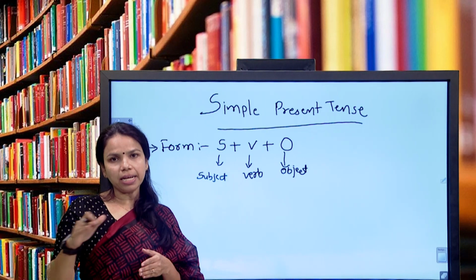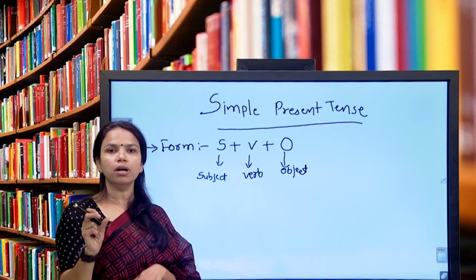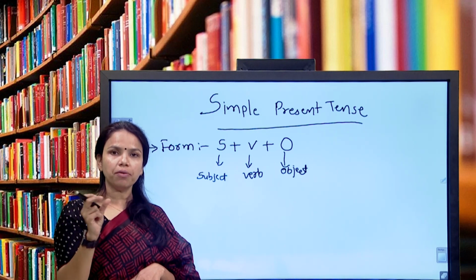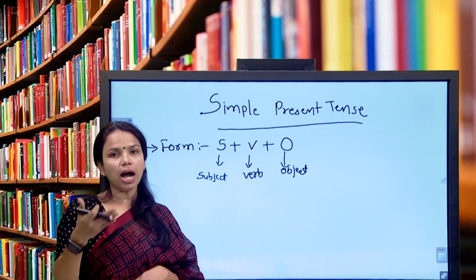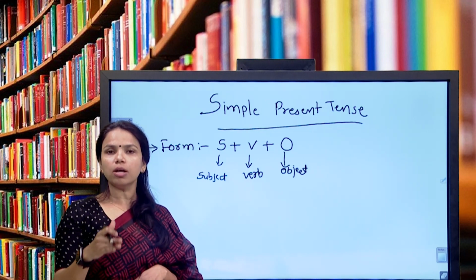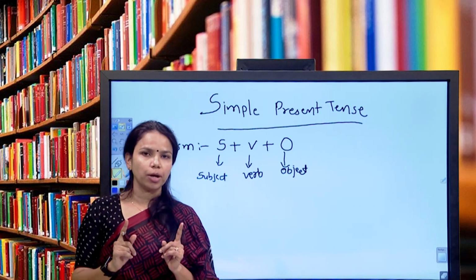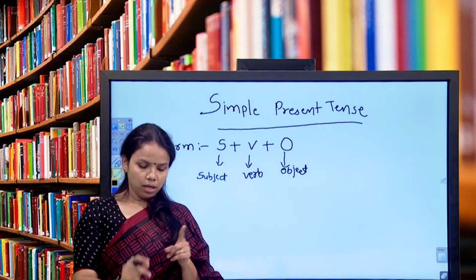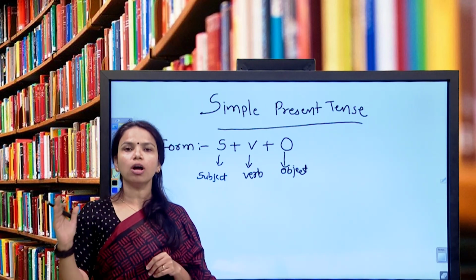If any action is running, that word is called the verb. For the object, whenever in a sentence you ask "what", whatever answer you get is called the object. Any sentence in English is structured in the same way: subject, verb and object.